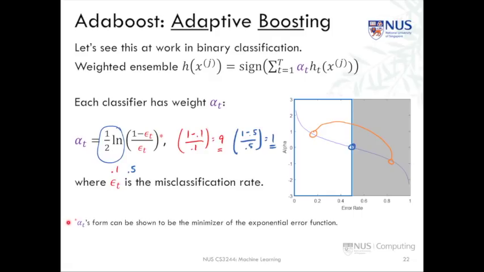We can show, outside of the scope of what we're going to learn in this course, that all of these alpha coefficients will be the minimizer of an exponential error function, which is a smooth approximation of the 0-1 loss.